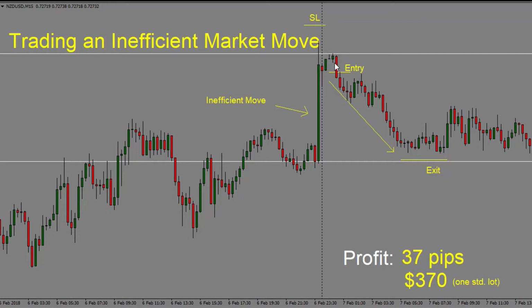Our entry would be once we get a solid candle close here, we'll enter the trade short, stop will go above the high here, and our take profit target would be at the base of the move where the price took off from, and we just let the price come back into our profit target. In this case, our profit is 37 pips from entry to exit here, which means $370 if trading one standard lot.